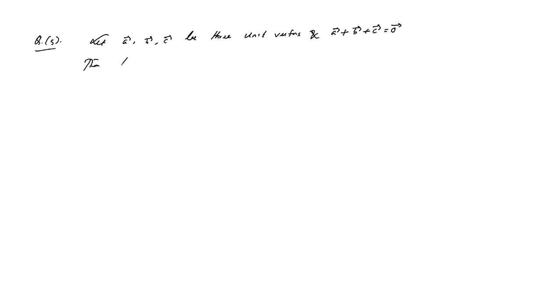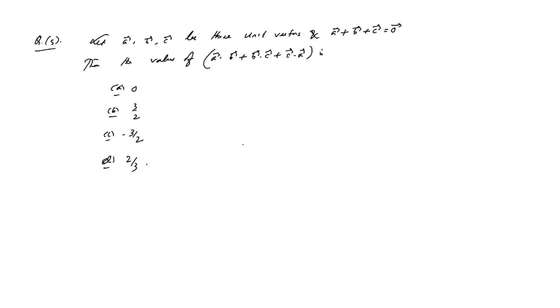Then the value of a dot b plus b dot c plus c dot a is: option A says 0, option B is 3 by 2, option C is minus 3 by 2, and option D is 2 by 3.